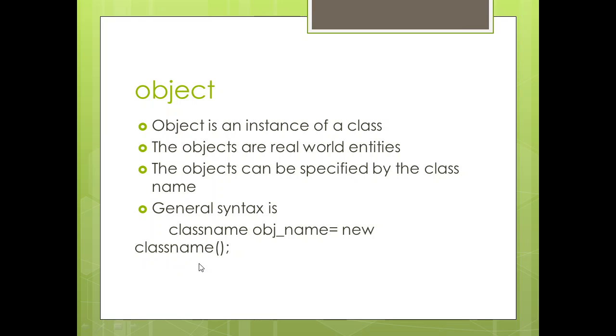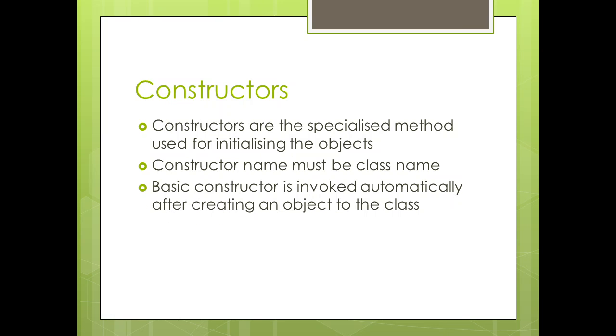I will tell you the example program, guys, after explaining the overall concept. When we go with constructors, a constructor is a specialized method used for initializing the objects. The constructor name and the class name should be the same.